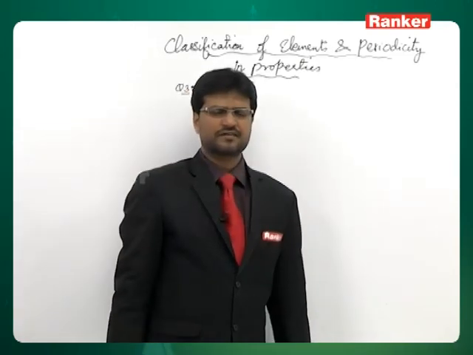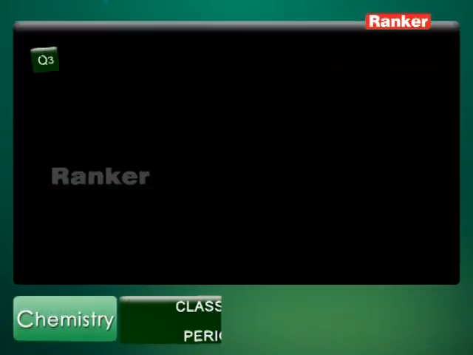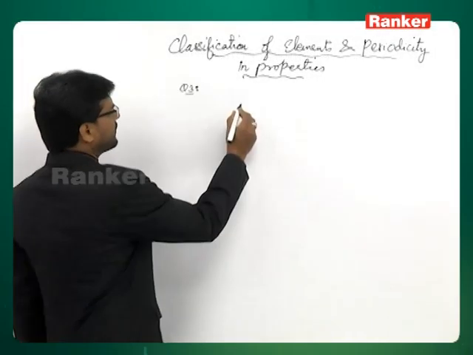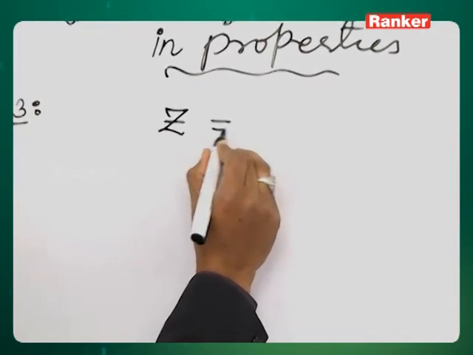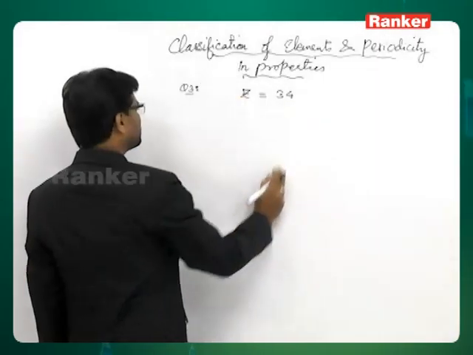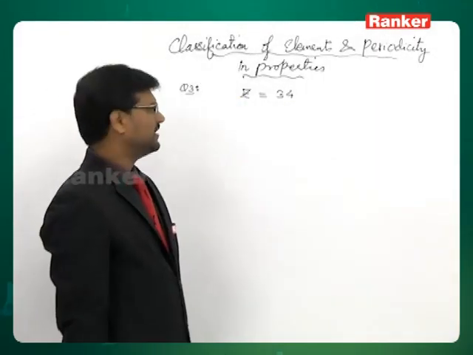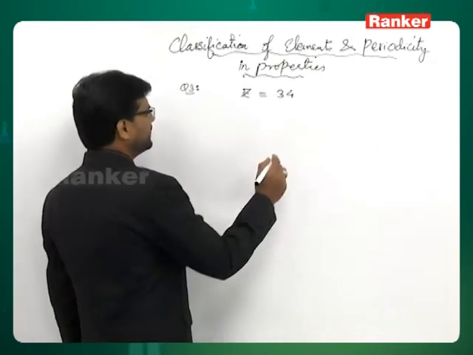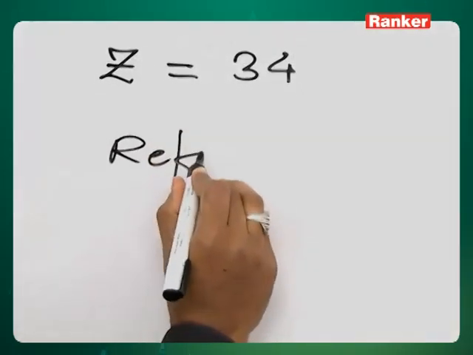Question number 3. An element X has atomic number 34. Its position in the periodic table is? So, the atomic number is 34, and we are asked to find out the position of this element in the periodic table. See, our reference element is the nearest inert gas.